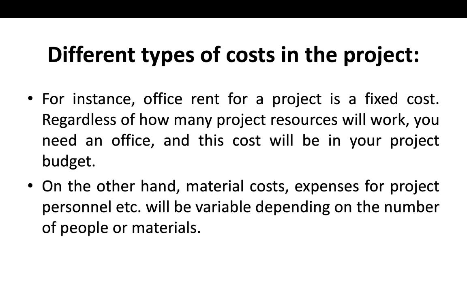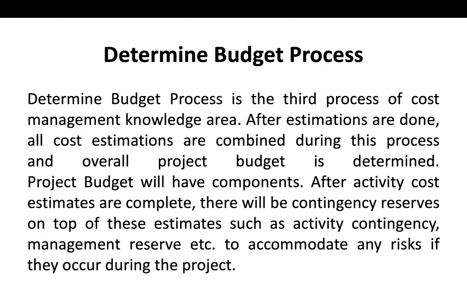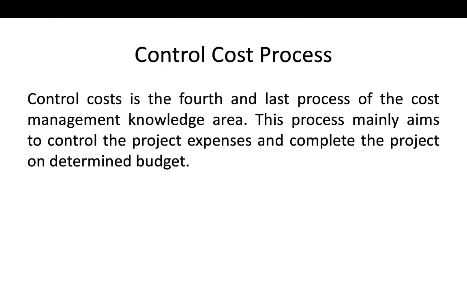Fixed costs are like land and offices, and non-fixed are like people, how many are used, and the material cost. Determining the budget: after planning and estimation, we will work on the different processes and components and the risks that can affect cost management.